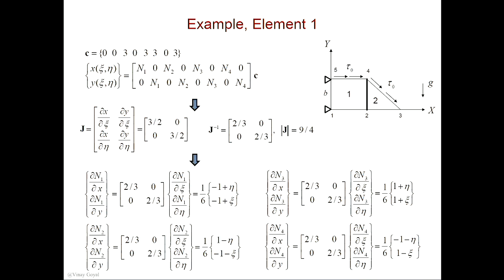If you find that derivative and you multiply this column times that matrix, you get this equation. So I'm able to calculate these values. I can do this for shape function 2, and I have to do this for shape functions 3 and 4. Okay? So I get this.